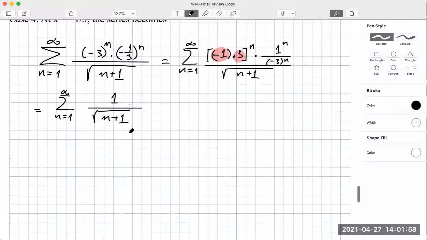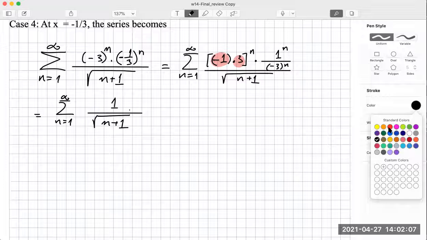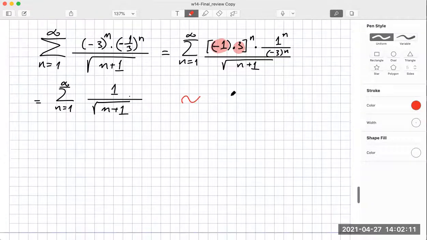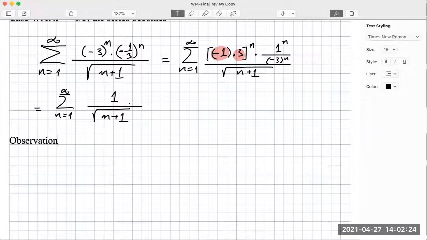But we can see that this sequence here, this series, is similar to another series. Do you know which one? No. What is it? It would be 1 over n.